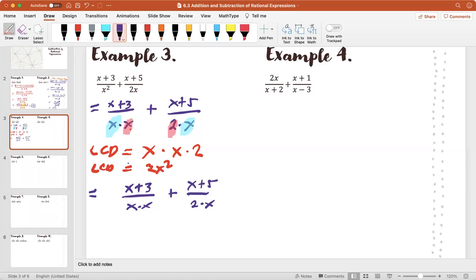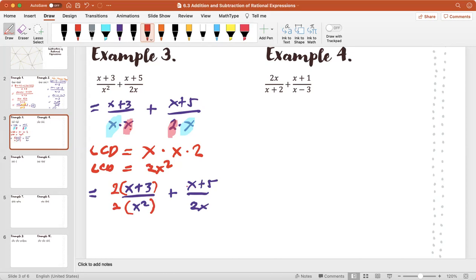If you look at our LCD, we know it's 2x squared. So we can simply divide 2x squared by x squared. Okay, 2x squared divided by x squared is 2. That means we multiply both numerator and denominator by 2.